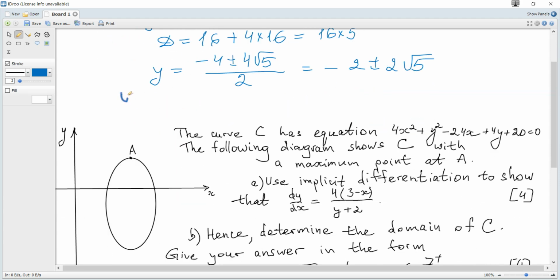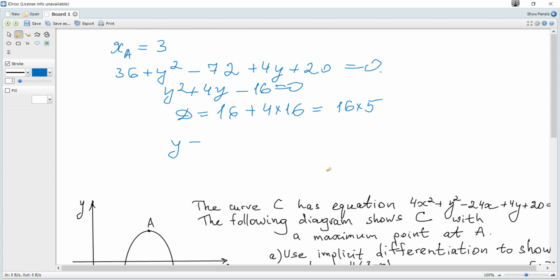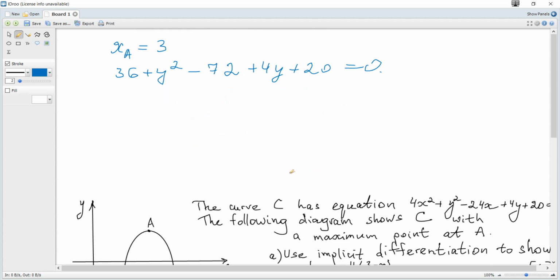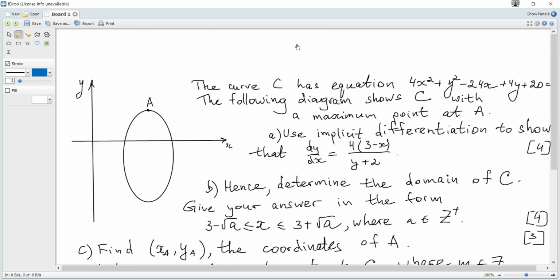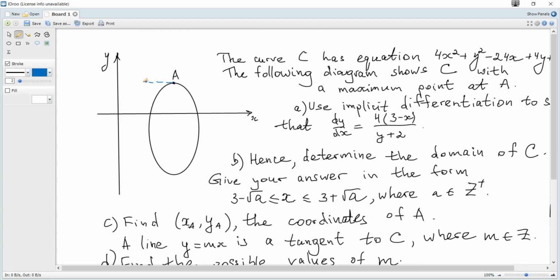But it's clear that the y coordinate of A is positive, so the y coordinate of A is negative 2 plus 2 times root of 5. So it's negative 2 plus 2 times root of 5.